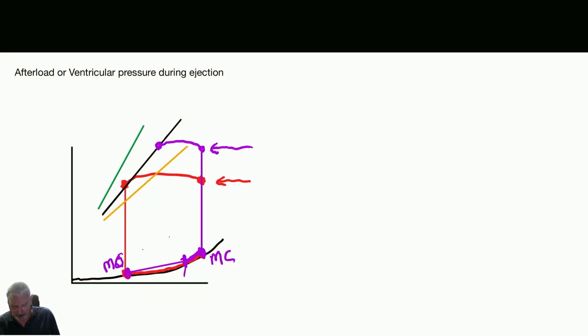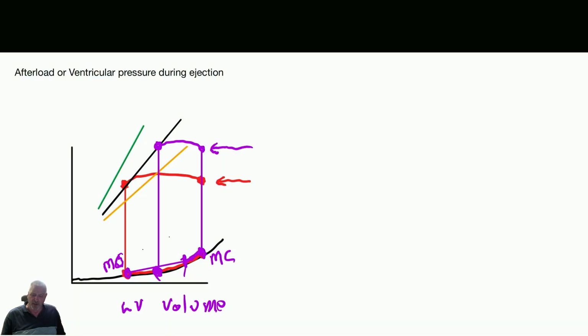And notice, because we're higher up on a slanted end systolic pressure volume line, we hit it at a higher left ventricular volume than we have been hitting it in our previous slides. And so when we isovolumically relax here, you see that we come to this point.